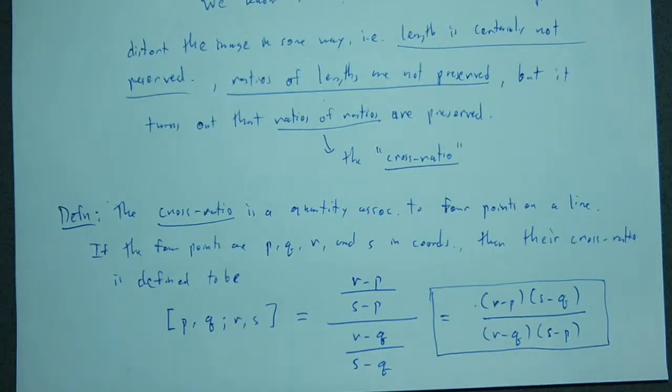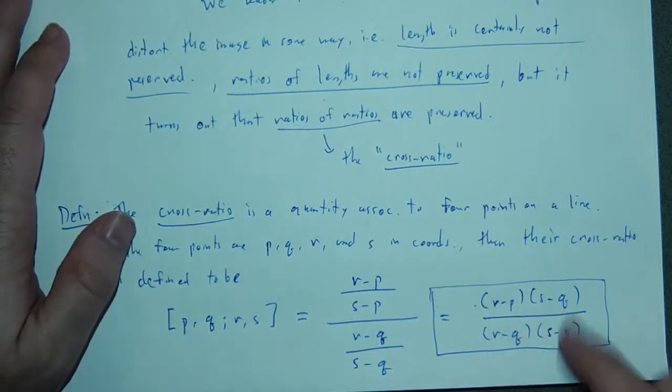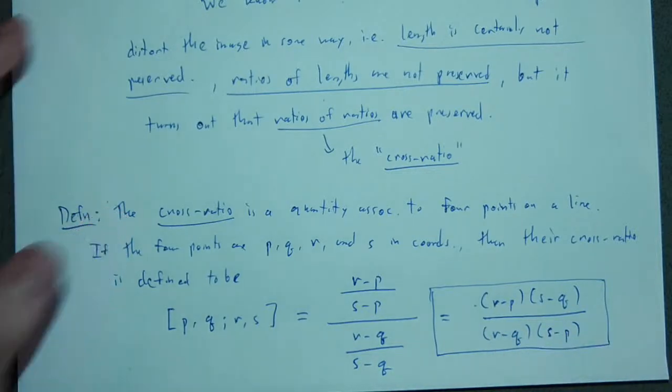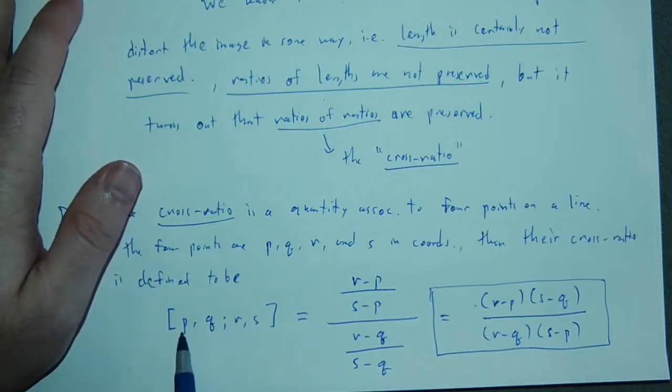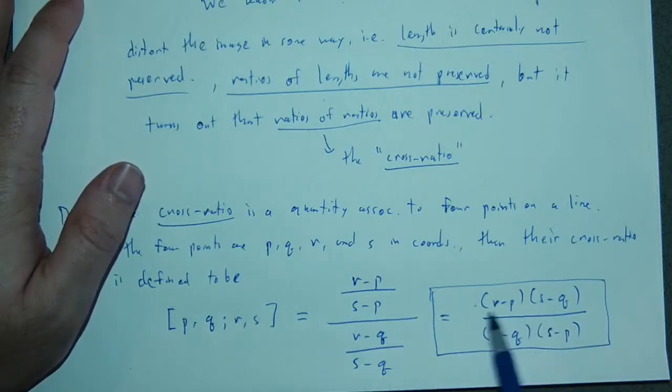The way that I like to remember this, from this notation here, the way you remember the order and how this goes: basically you look at these things and we'll go just from left to right, top to bottom. This first term is R minus P, so that's first and third. Now you might say, what order do I go in?